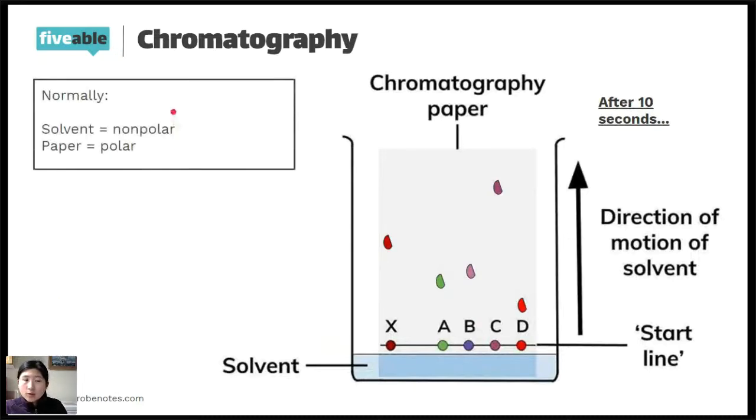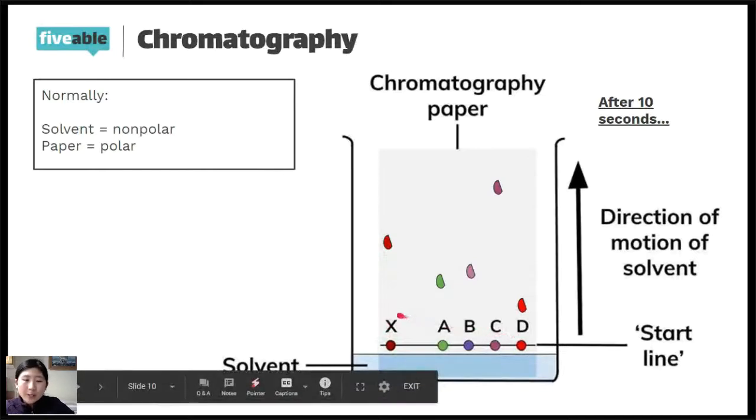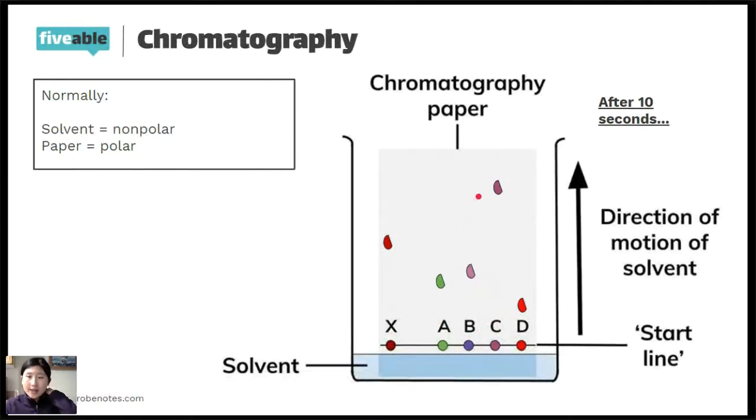All right, so normally, this was actually in a previous FRQ on the AP exam. I believe it was from the 2017 AP exam FRQ, and they had a chromatography experiment set up, and they asked the student to identify which mixture is the most polar or which mixture is the most non-polar, based off of the chromatography lab results.